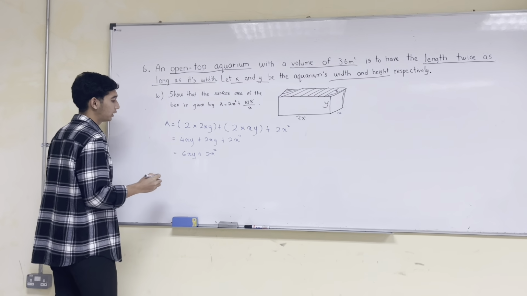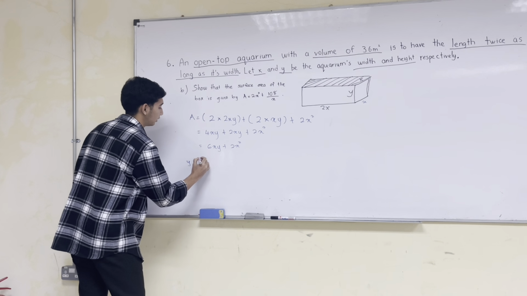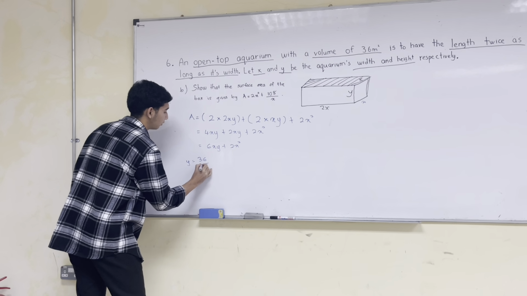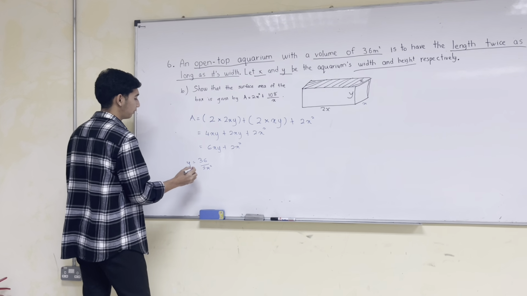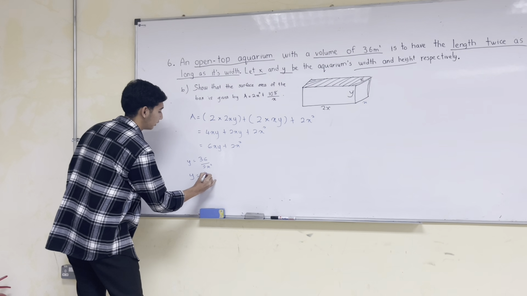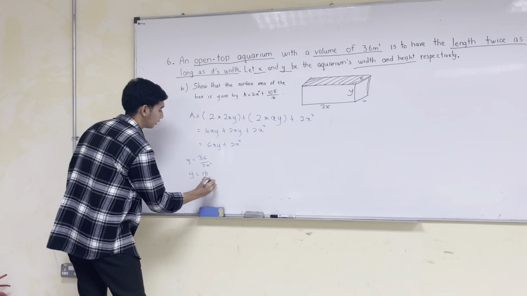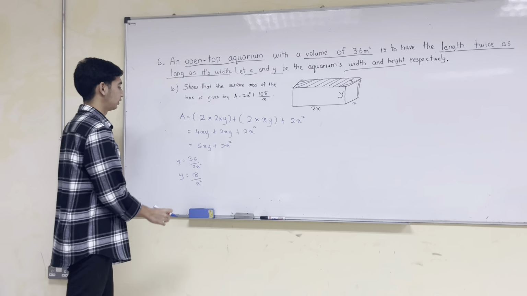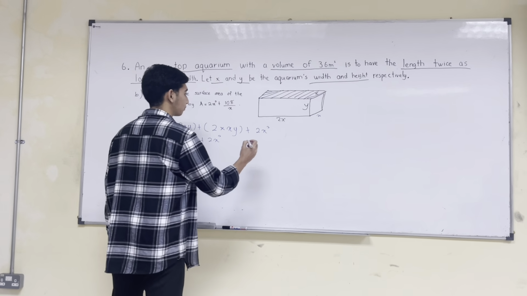Now we need to substitute y. We have already got y. The y is 36 over 2x squared, so we can write it as y equals 18 over x squared. Now let's substitute the y in this equation.